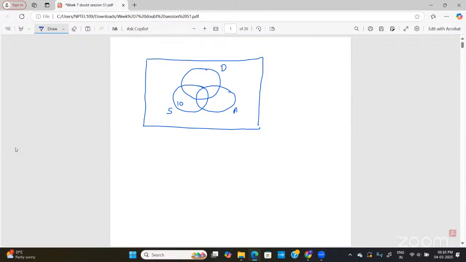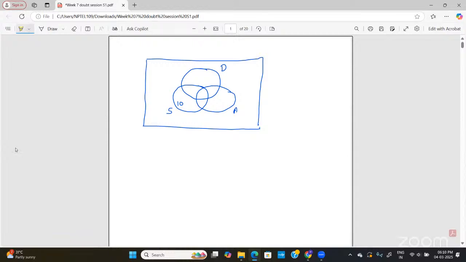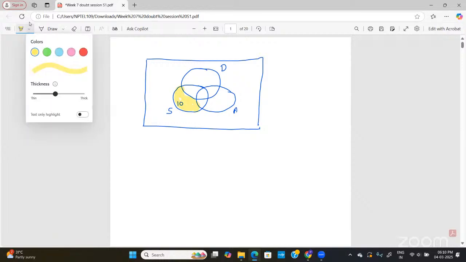So this will be that region, and this is given as 10.